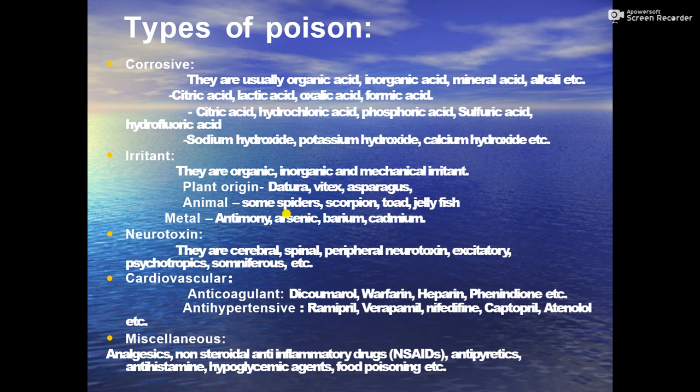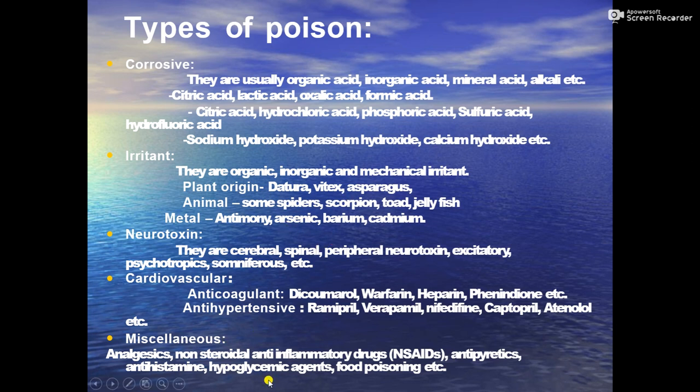When we come toward the mechanical irritants, they are metals. Antimony is a metal, arsenic is a metal, barium is a metal, cadmium is a metal. All these come under the category of irritant.